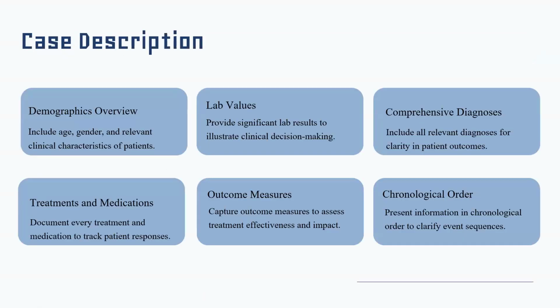And coming to the major part of our case report and case series, which is the case description. This section provides a detailed overview of the course, beginning with the demographics, that is the patient's age, gender, and relevant clinical characteristics like comorbidities, drug history, all of those.